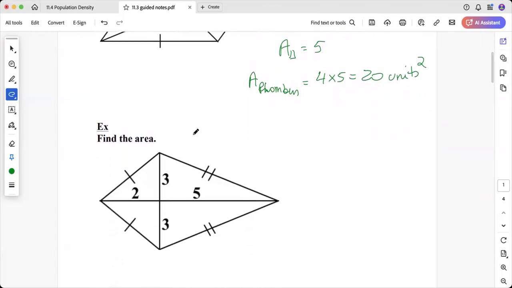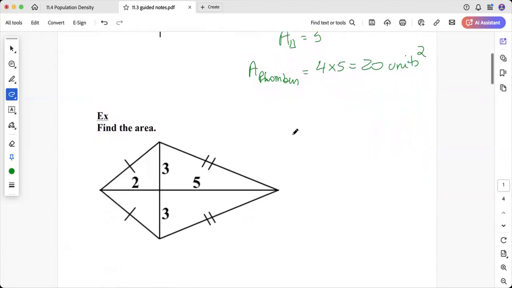For a kite, again, you need to check and see if in your reference sheet you have the formula for the area of a kite. There is a formula you can use with the diagonals. You can take diagonal 1 times diagonal 2 and divide it by 2.